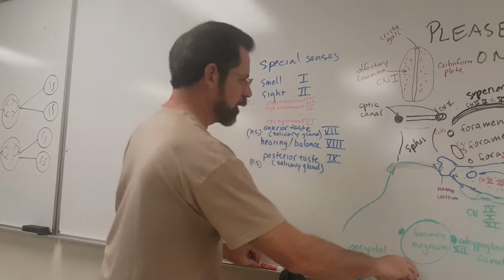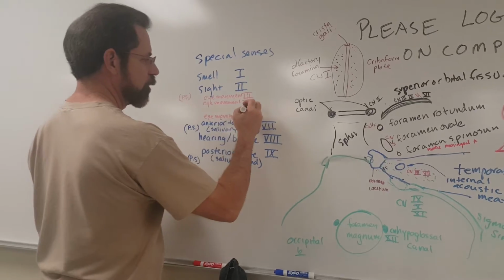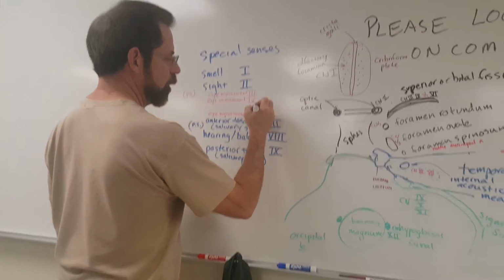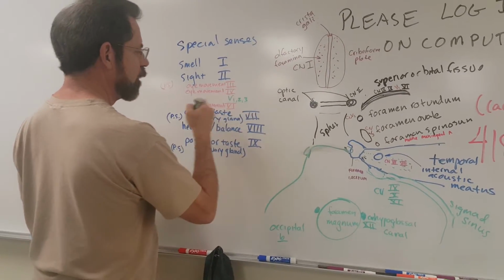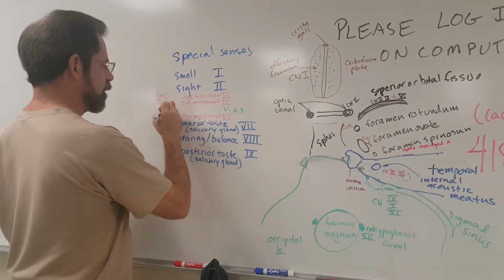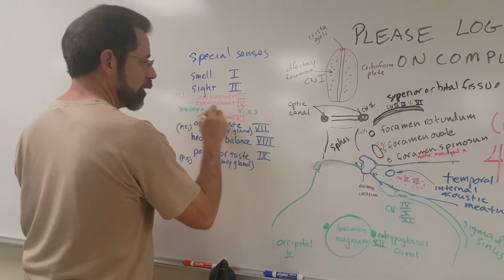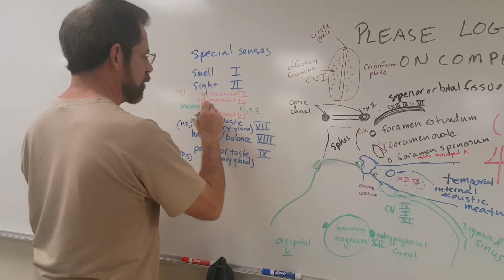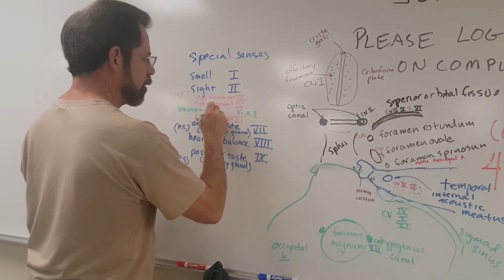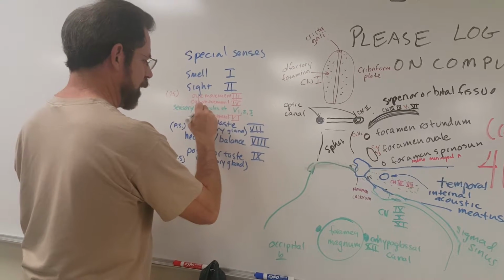All right. So that leaves one in the middle, which is cranial nerve 5, parts 1, 2, and 3, which are primarily sensory. Okay, all the senses all over the place. But V3 here also has muscles of mastication.